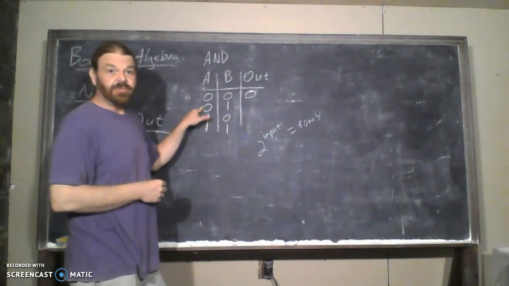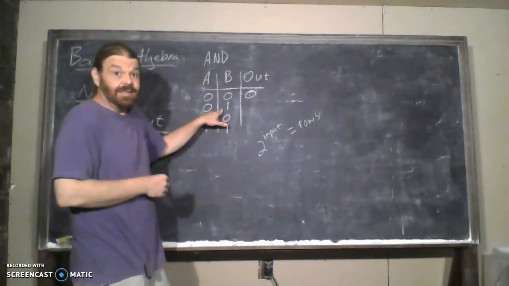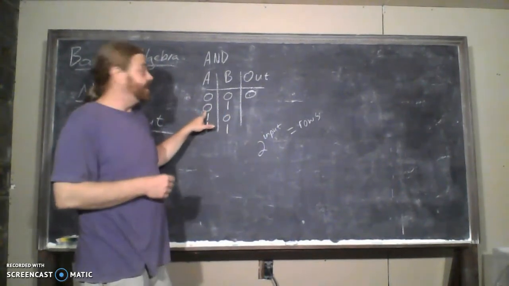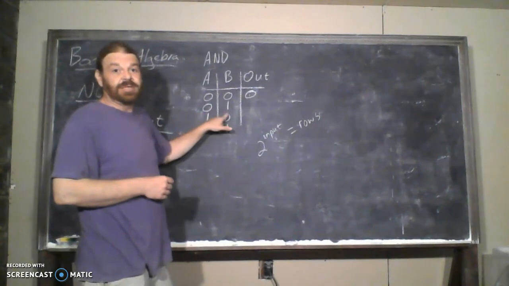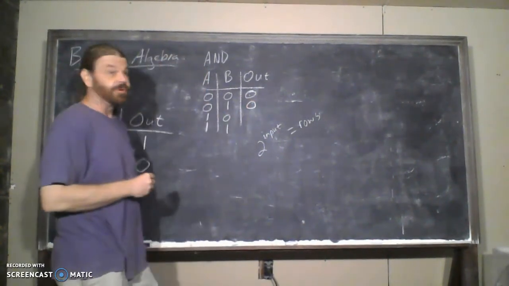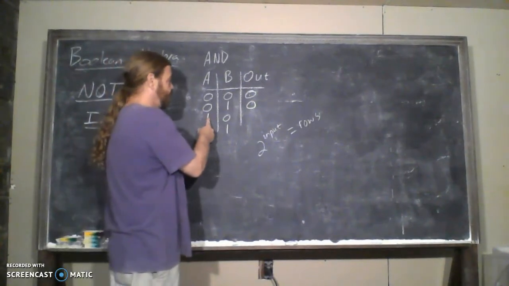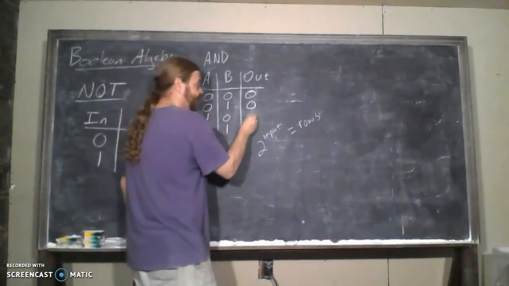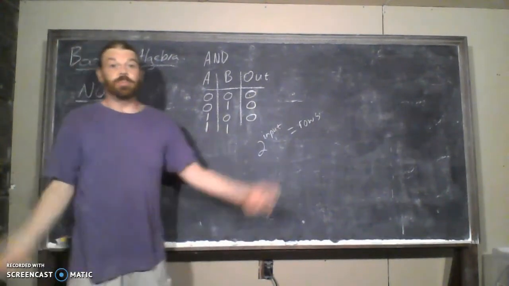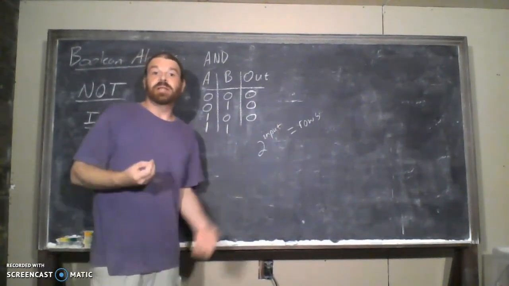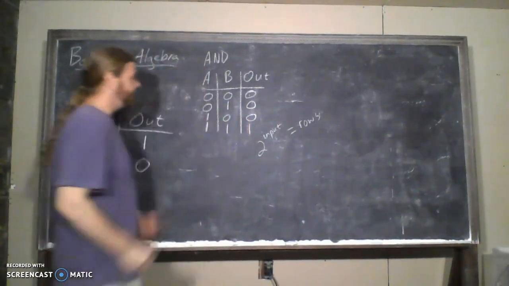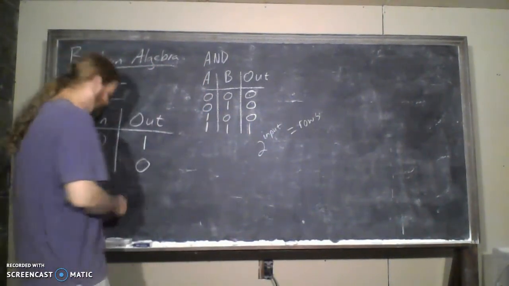If one switch is off and one switch is on, well, the off is going to override that on, and the light will be off. On and off is the same thing, just a different order. And on and on, when both light switches are on, is the only way that the light in the room is coming on.